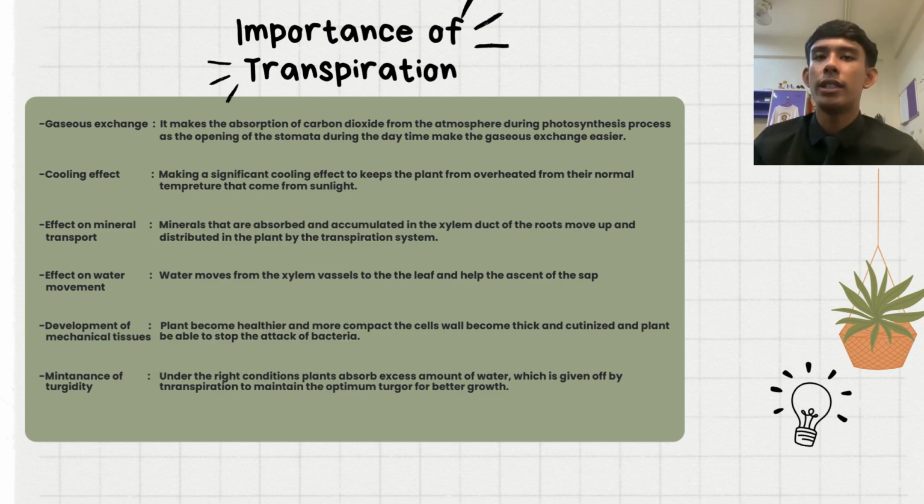Maintenance of turgidity: under the right conditions, plants absorb an excess amount of water, which is given off by transpiration, to maintain optimum turgor for the better growth of the plant.